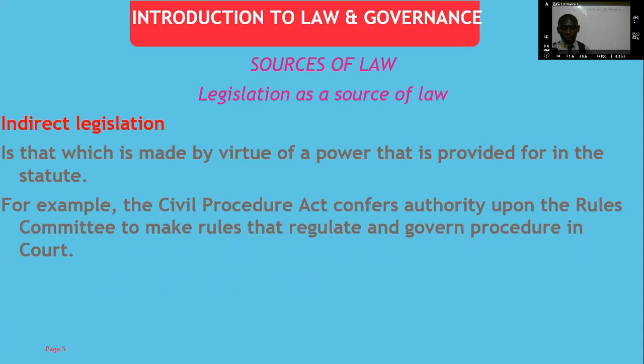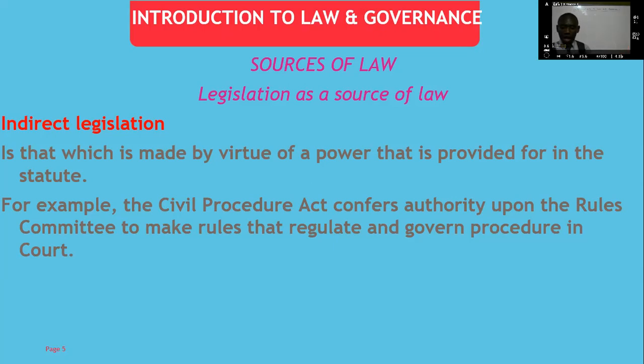One example is that the Civil Procedure Act confers authority upon the Rules Committee to make rules that govern procedure in court. The Civil Procedure Rules govern proceedings of a civil nature in both the High Court and all the subordinate courts.